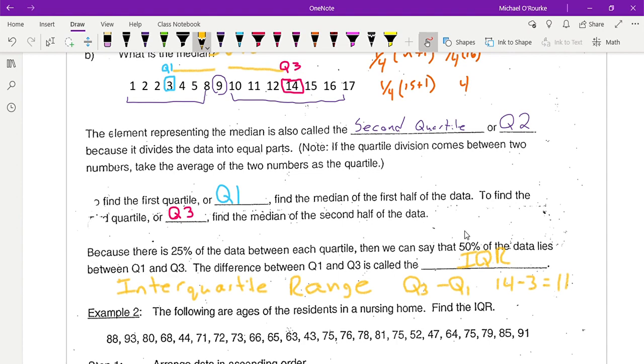What's the title of the video? It's supposed to be quartiles. Oh, I'm currently having some stomach issues. Okay. Not a problem. I'm recording the lesson. No, I'm not telling you who it is.